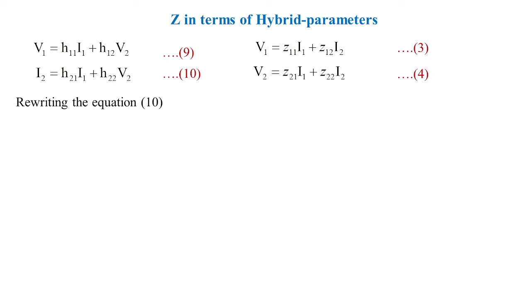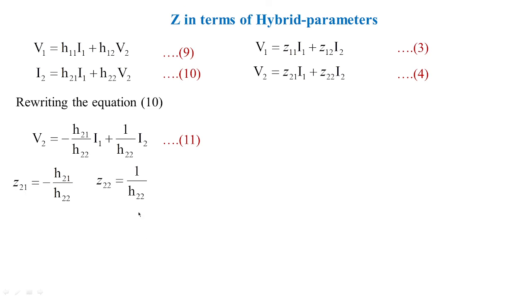So rewriting equation 10 in terms of V2, I'm going to get minus H21 by H22 I1 plus 1 by H22 I2. So equation 11 is framed. With this, I'm going to get Z21 is equal to minus H21 by H22. I'm comparing this with equation 4, and that is how I'm going to get the value of Z21. Likewise, Z22 is equal to 1 by H22.